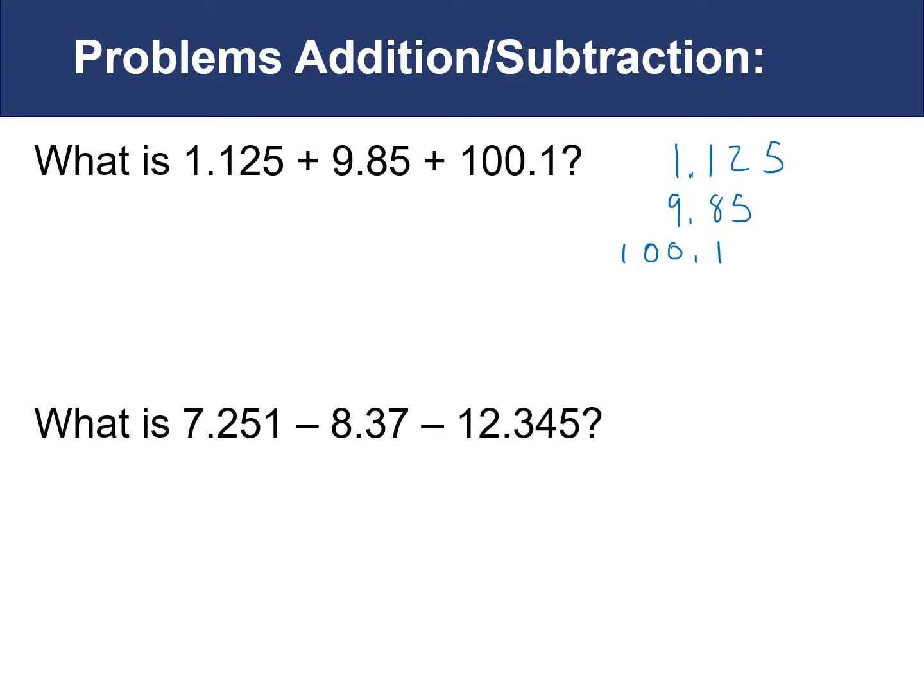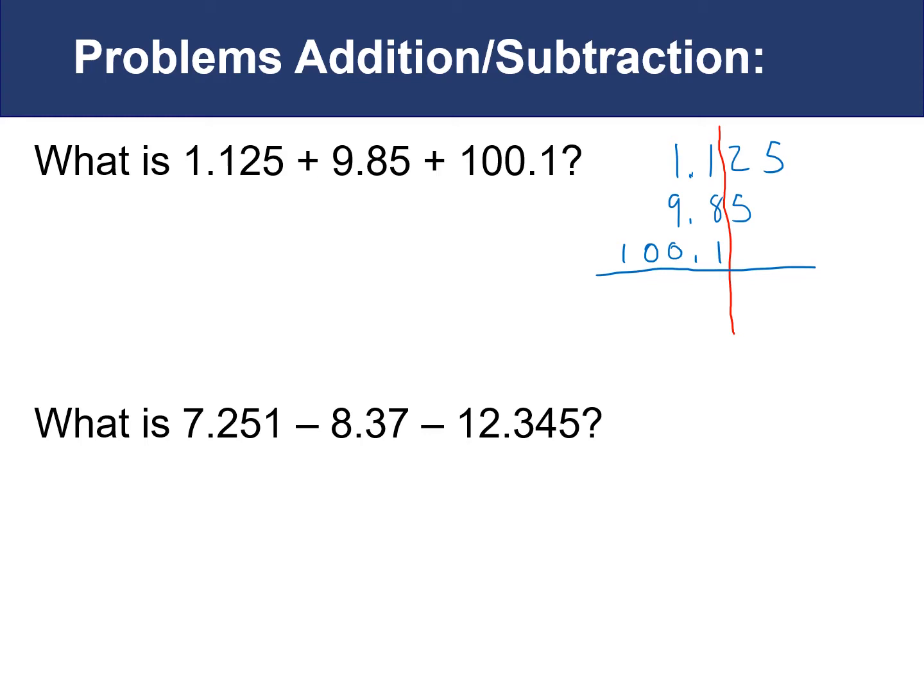So in comparing the three, we draw a vertical line down to help us figure this out. The one that has the least number of significant digits, not significant figures, but significant digits, is our last value, 100.1. It is only significant to the tenths place. The 9.85 is significant to the hundredths place, and the 1.125 is significant to the thousandths place.